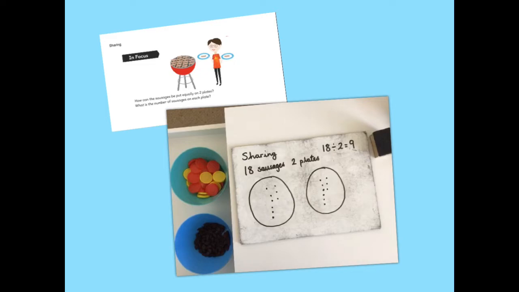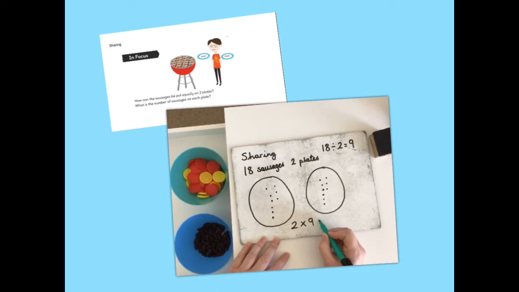So now I'm just going to check my answer using the inverse of division, which is multiplication. I need to make sure that I'm turning this around now and doing the opposite way, and I'm going to use counting in twos to check my answer. So I've got all my numbers and I've got 2 plates with 9 on each. So I'm going to do 2 lots of 9 like we've worked out before last week.